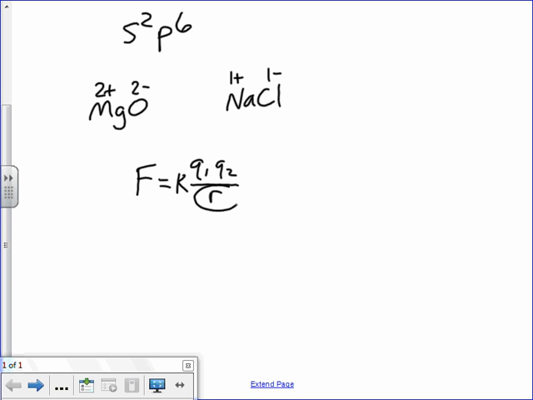Now, we've got to think about the radius as well, okay? But for the most part, if you look at the charges here, then you'll be able to tell which ones have a higher lattice energy. And all that is just how much energy does it take to break them apart, okay? Does that make sense? That's the one major concept with ionic compounds that you're probably not as familiar with. So I would look in the book on that. They've got some good stuff in the book.